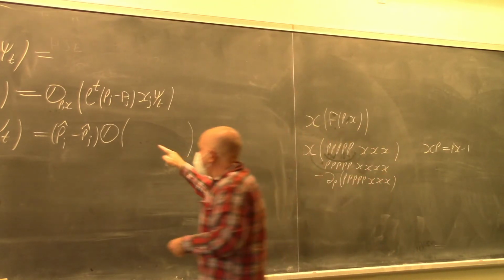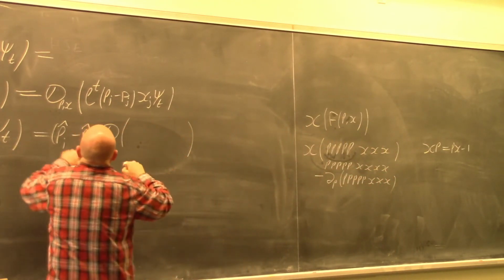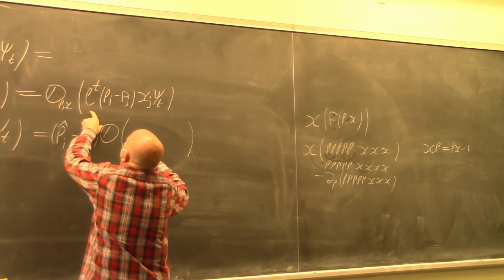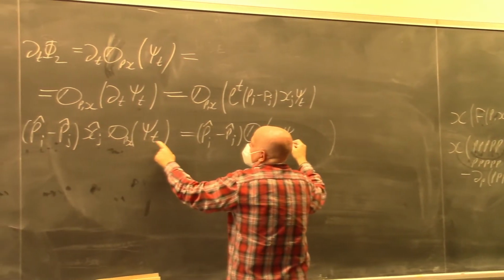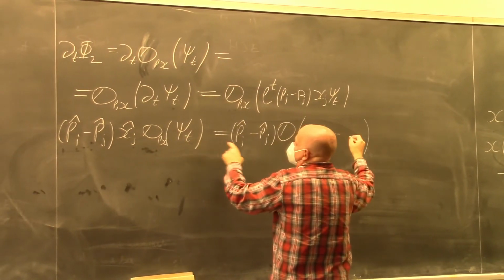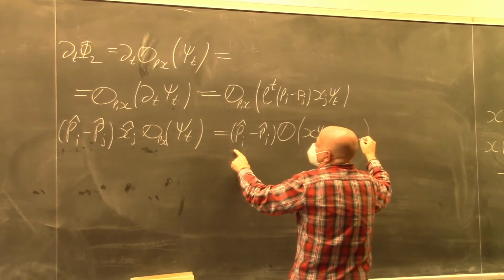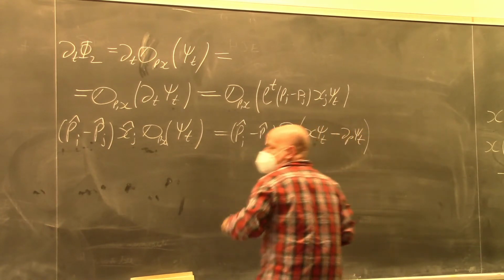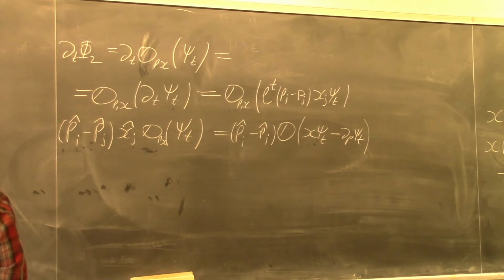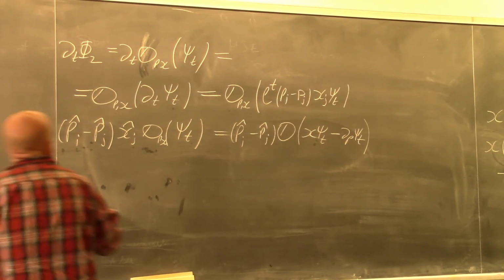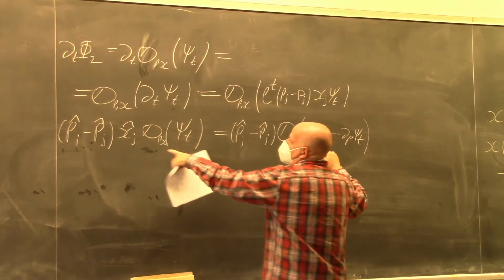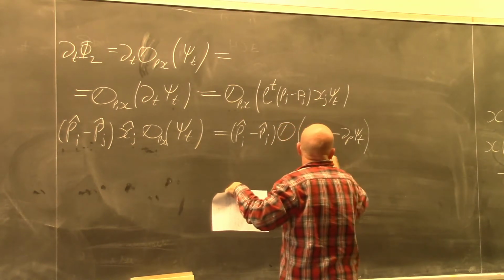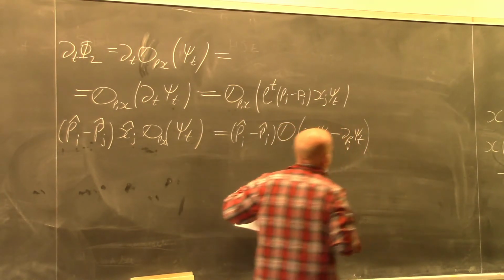So here we will get exactly that. We will get x times psi t minus the derivative with respect to p of psi t. I hope I got the signs correctly. Yeah, sorry, except this is xj. We're bringing in an xj, and this is the derivative with respect to pj.